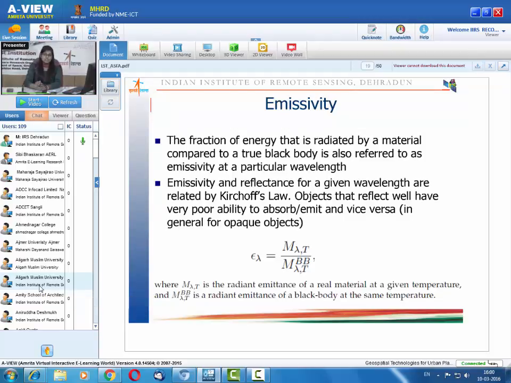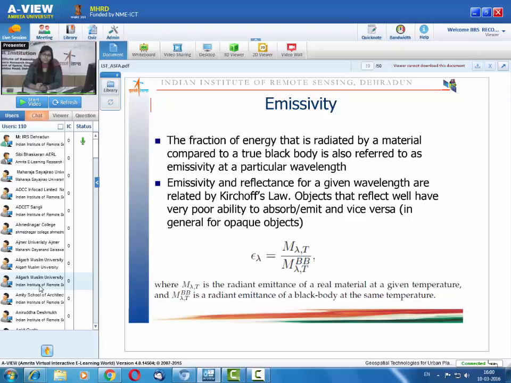Now, there is a strong relationship between two terms, emissivity and reflectance, and there is a law that describes this relationship. Why am I bothered about reflectance? Because in the visible region, we are concerned about reflectance.